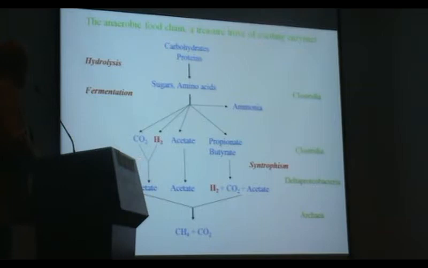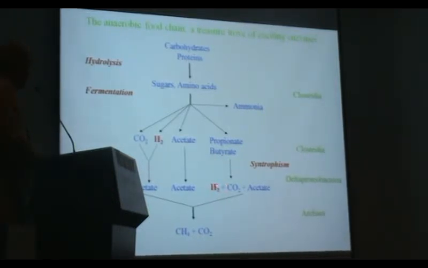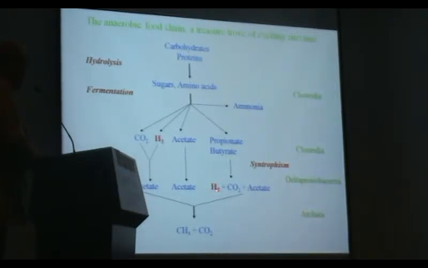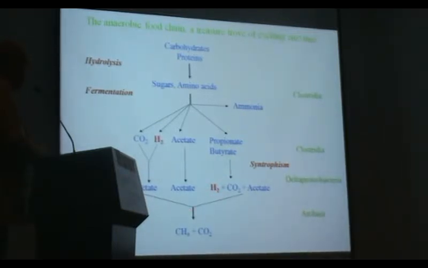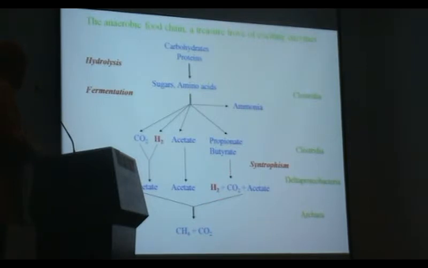And then in the next step, we have acetogenesis. The CO2 and hydrogen are converted to acetate. The short-chain fatty acids are oxidized to acetate and CO2, and this is only possible if the hydrogen, which is also formed, is immediately consumed by the methanogens. Otherwise, this reaction is not possible.